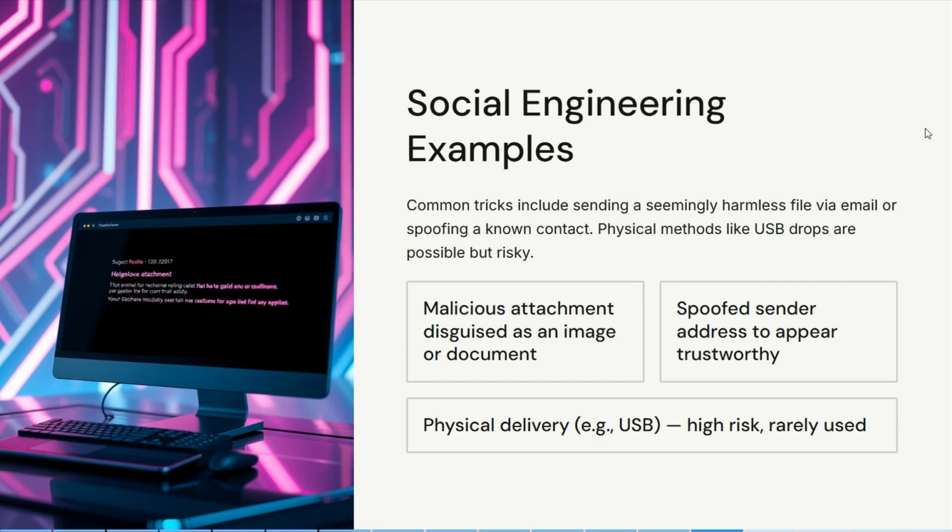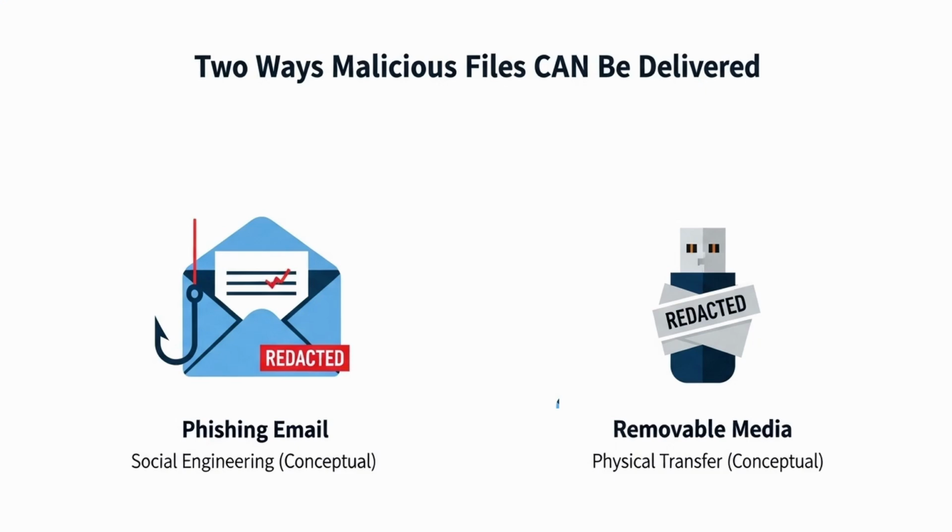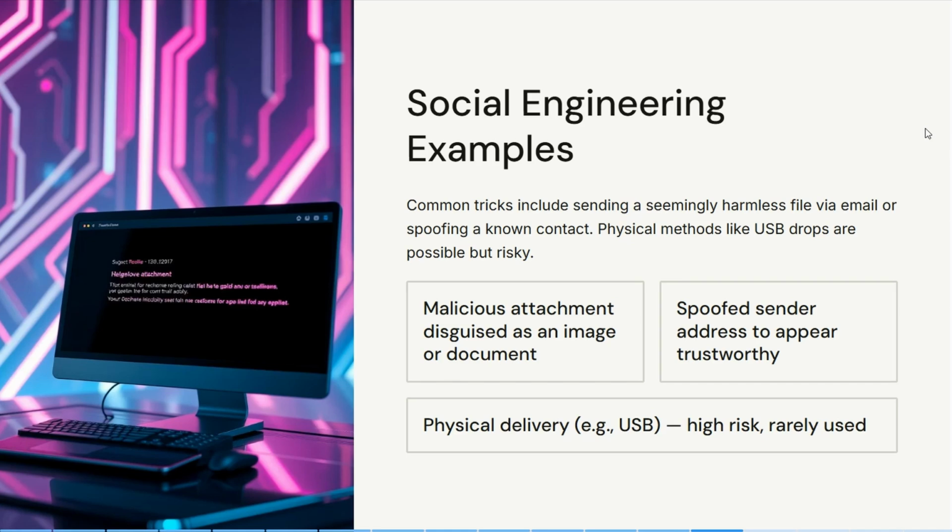What this is saying is that a payload can be dropped using a USB drive, and the content of that USB drive will be seen as an image or document. Alright, moving ahead: a spoofed sender address to appear trustworthy. Physical delivery, e.g. USB, is high risk and rarely used.